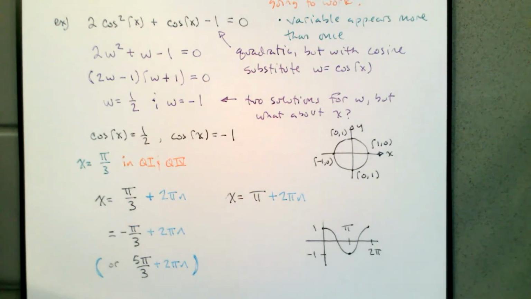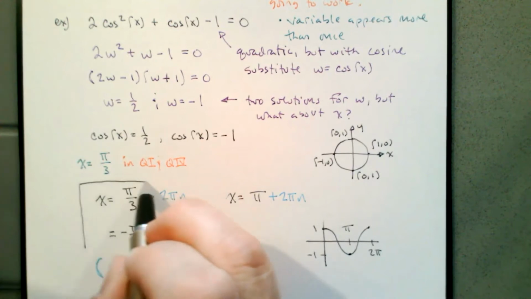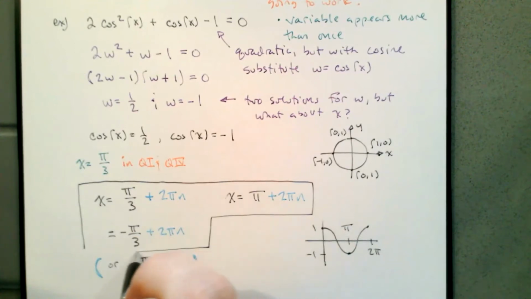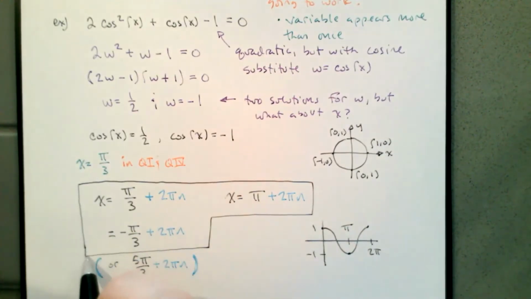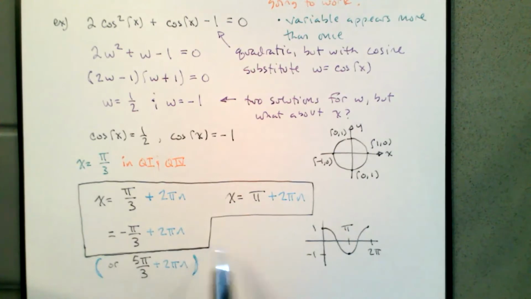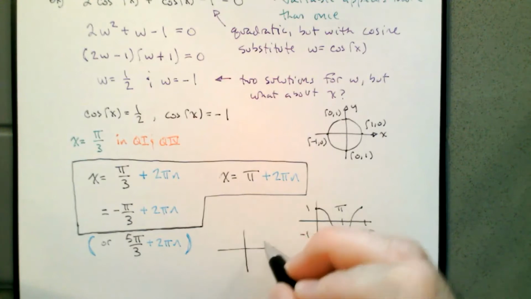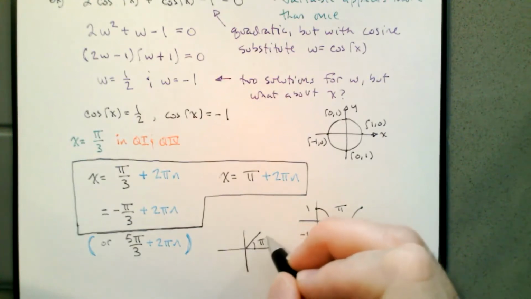Five pi over 3 is another name for -pi/3. I needed to put a pi/3 reference angle in the 4th quadrant. So I've got these 3 solutions here. So I'd have pi/3 in the 1st quadrant.